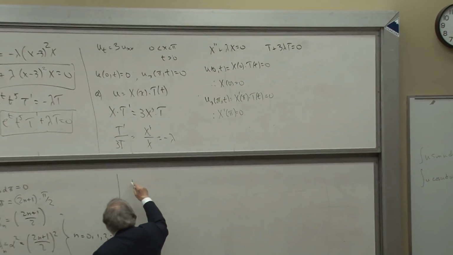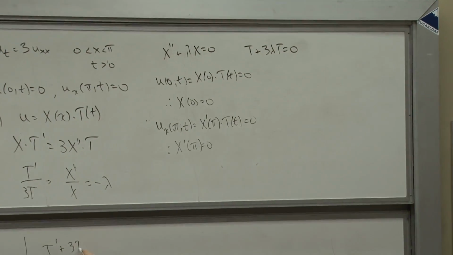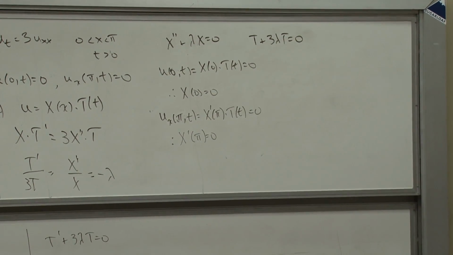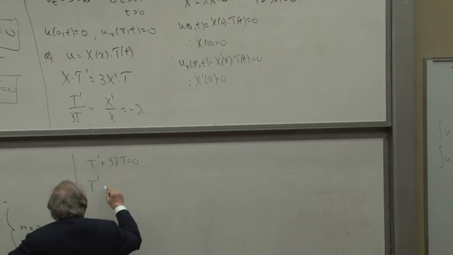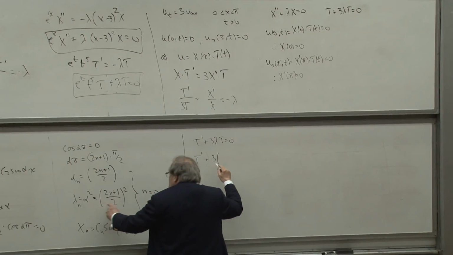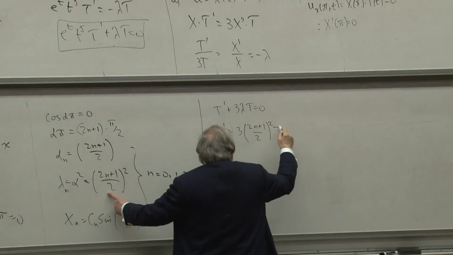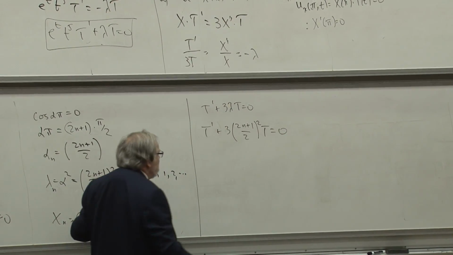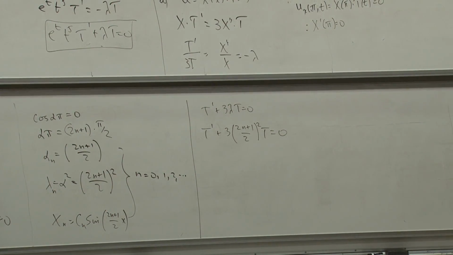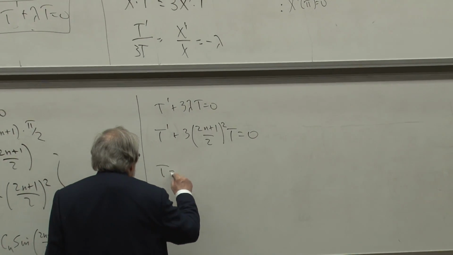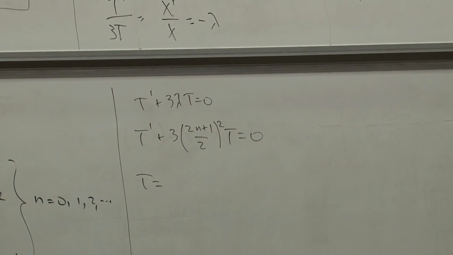T prime plus 3 lambda t is 0. Lambda is now 2n plus 1 over 2 squared, times t is 0. First order differential equation for t, homogeneous, it's linear, it's separable, it's so simple that you ought to be able to write down the solution.